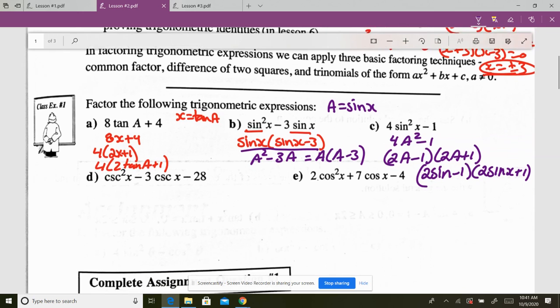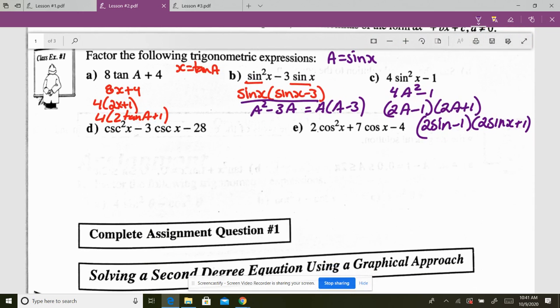Because every question starts with a factoring. Cosecant squared x minus 3 cosecant x minus 28. So if I sub out the cosecants, if I said a is equal to cosecant x, I'm going to get a squared minus 3a minus 28. What am I looking for there?